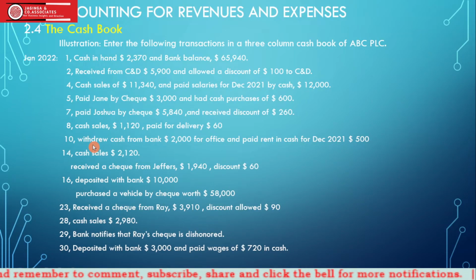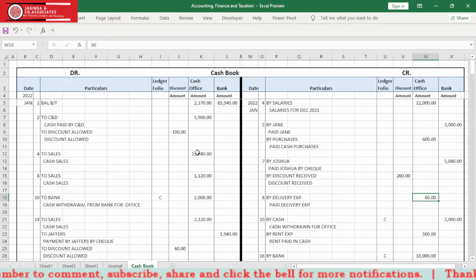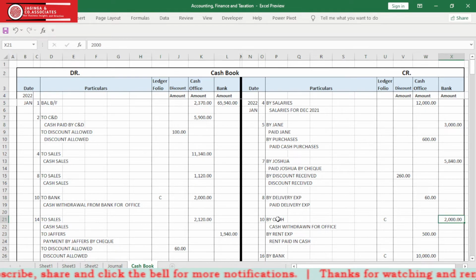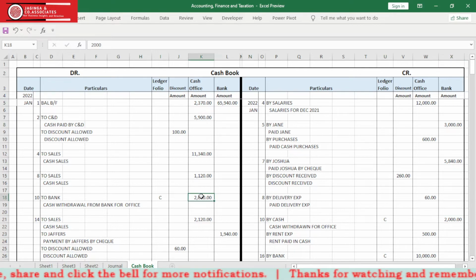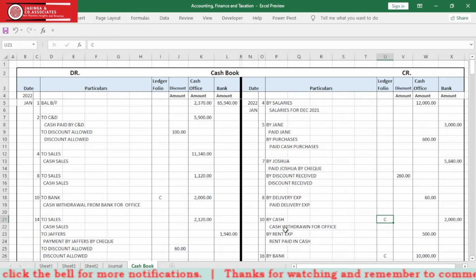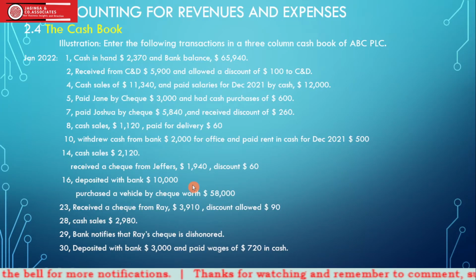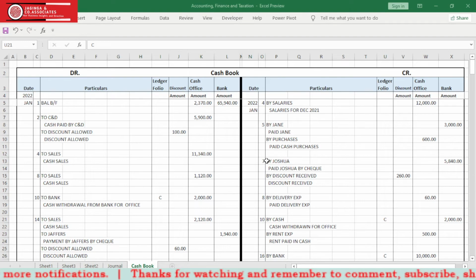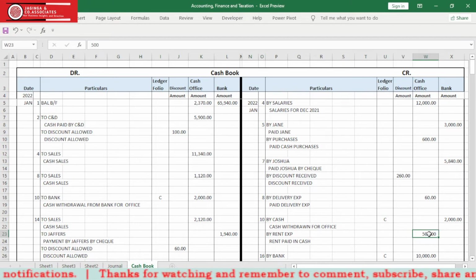And they also have, you withdrew cash from bank 2,000. You withdrew cash and the cash was taken for fees use. So there's a contra entry for both bank and cash. That is okay. And then he paid in rent in cash of 500, which is here.